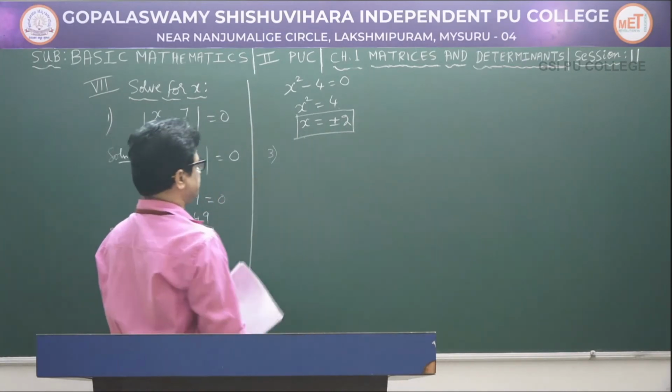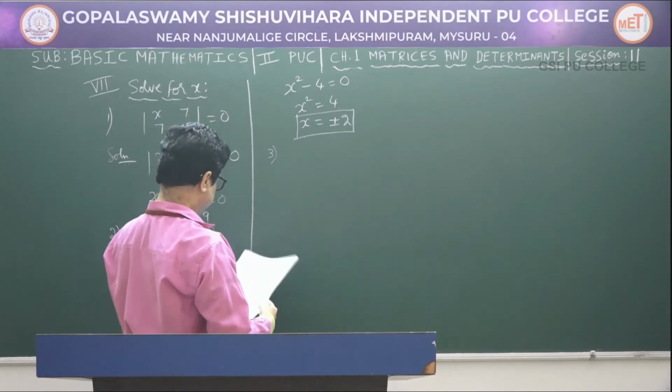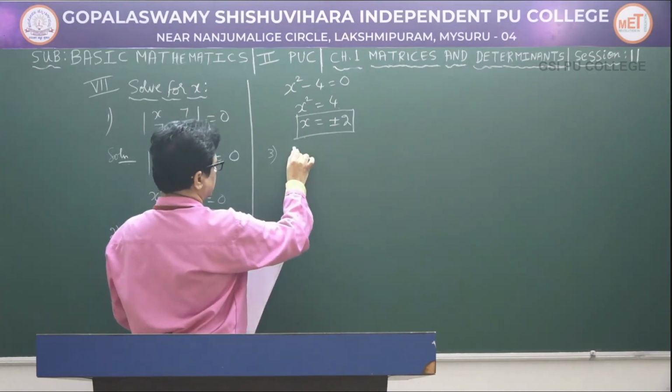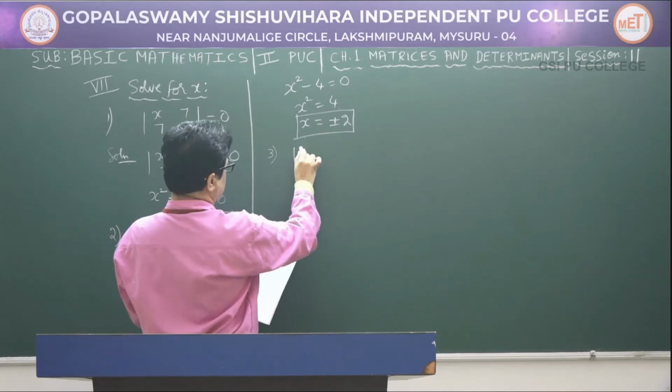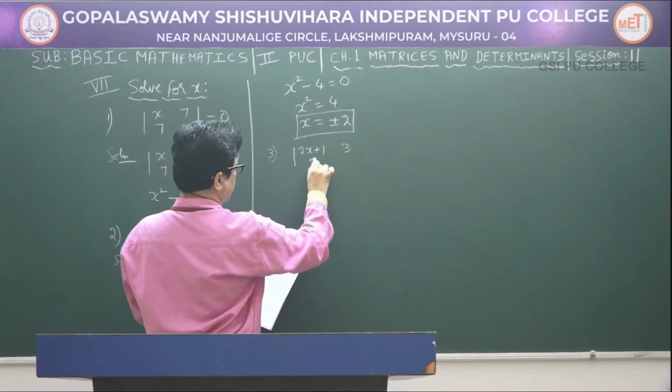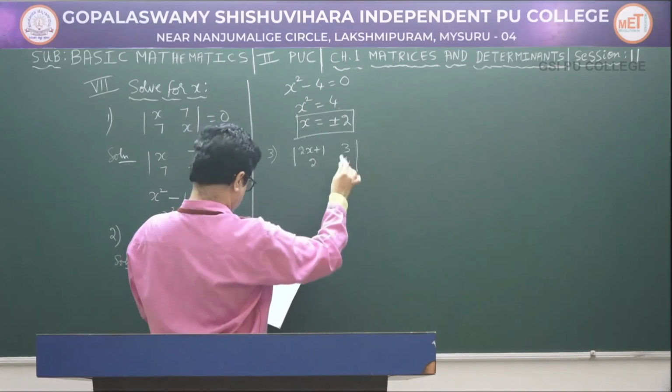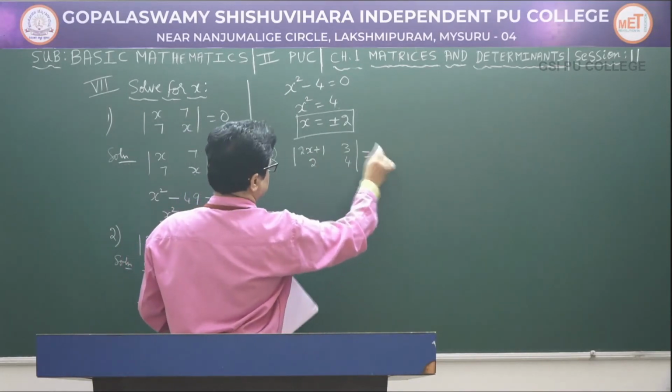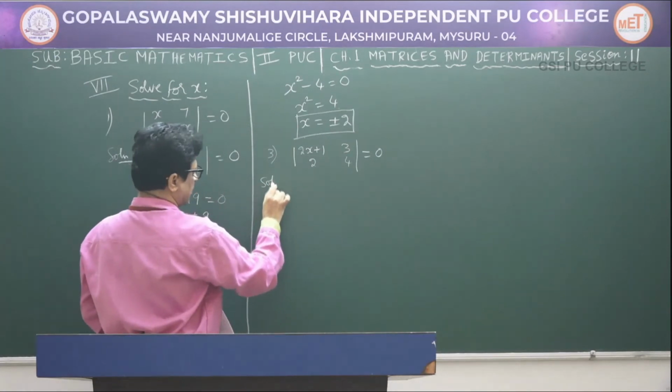So x square will be equal to 4 and x will be equal to plus or minus 2. Next problem. Determinant of 2x plus 1, 3, 2, 4 equals 0.